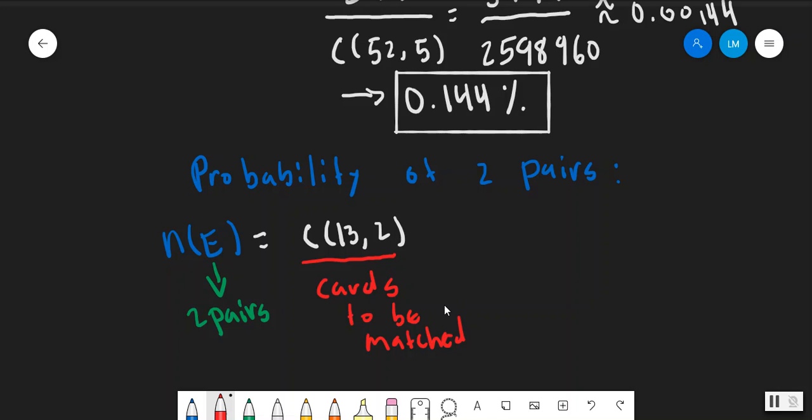Okay, so we're just going to pick two cards that are going to be matched. So for that, we need to multiply. So we're just going to multiply by 4 choose 2, because one of the cards needs to be chosen where you're selecting both of them. So like if I select a 3, then I need 2 3s. So that's going to be the match.